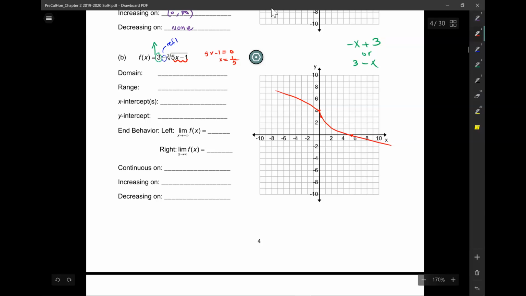All right, let's do domain and range and stuff here. So domain and range are all reals. So x-intercept, f of 5.6 equals 0.